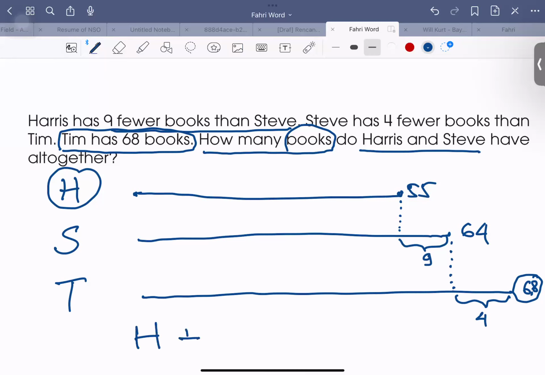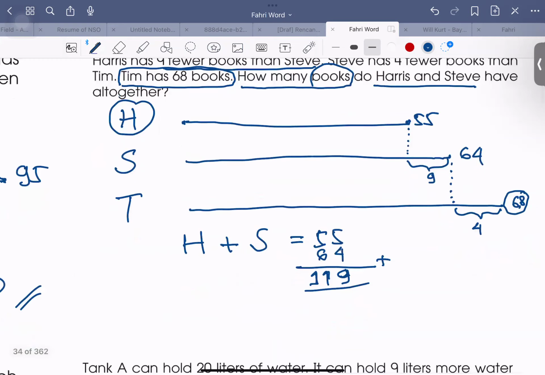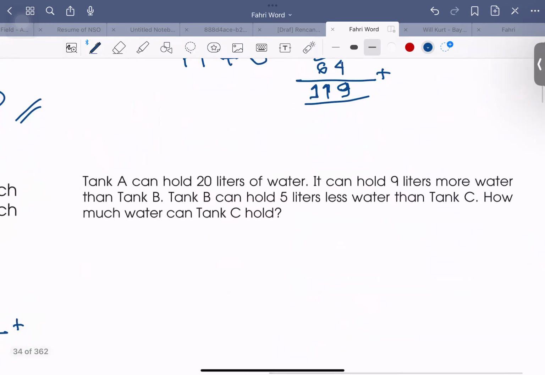Harris plus Steve equals, Harris is 55 and Steve equals 64. 5 plus 4? 9. 5 plus 6? 11. So 119 books. Harris and Steve have 119 books all together. Cool.